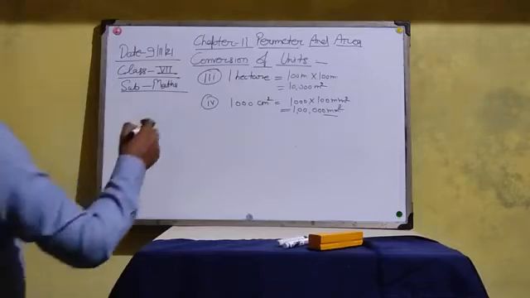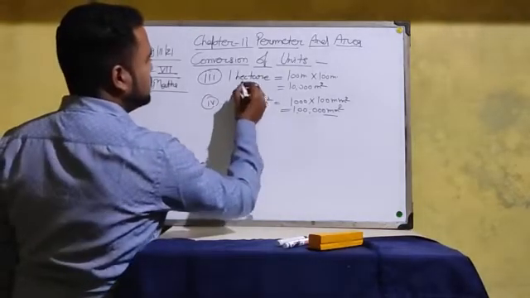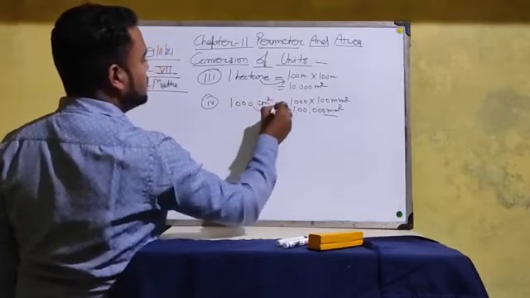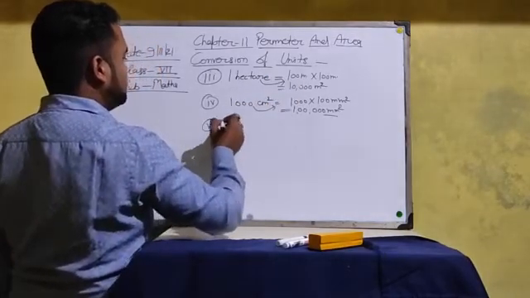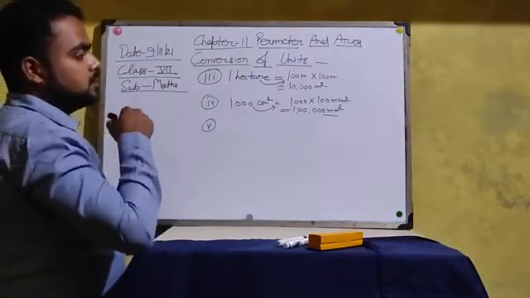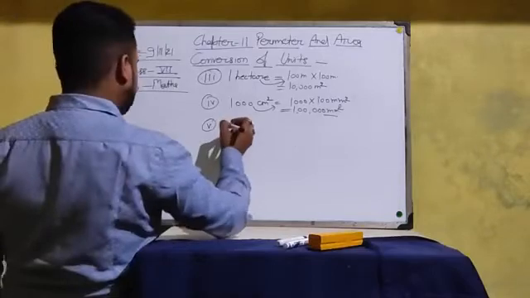It is the conversion of units from larger unit to smaller unit. Now here is an example of a smaller unit. How can we convert a smaller unit to larger unit?